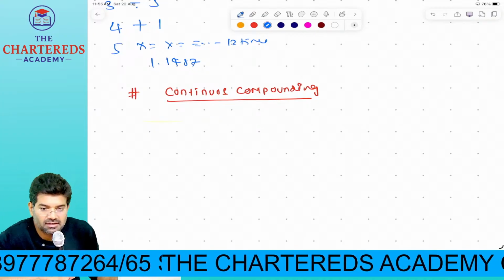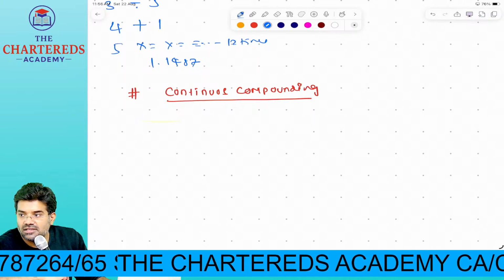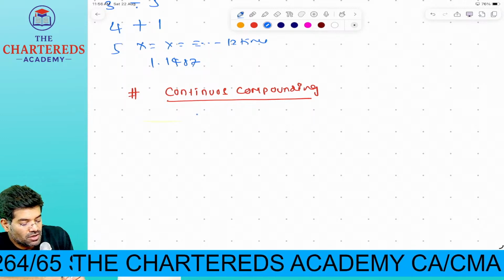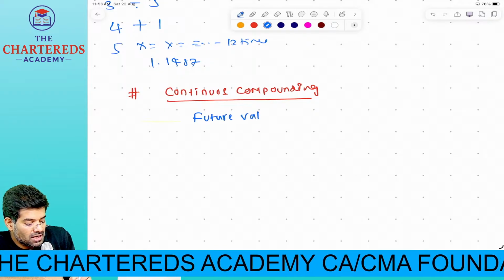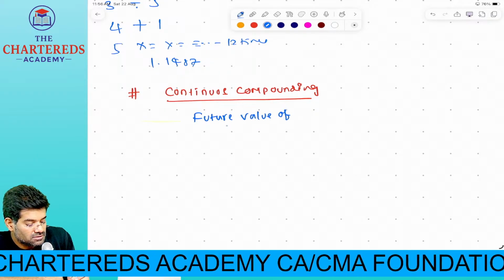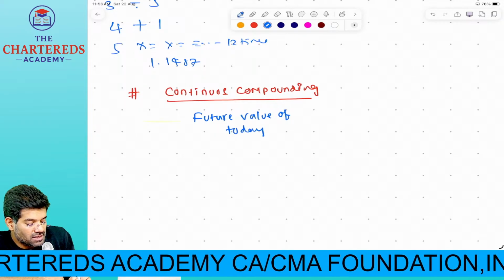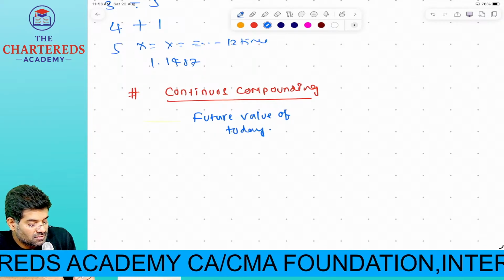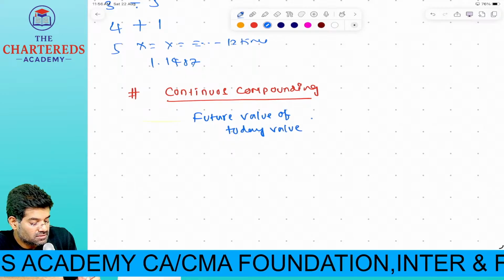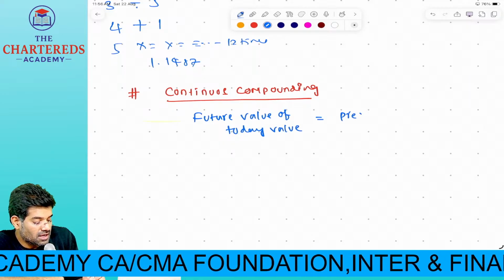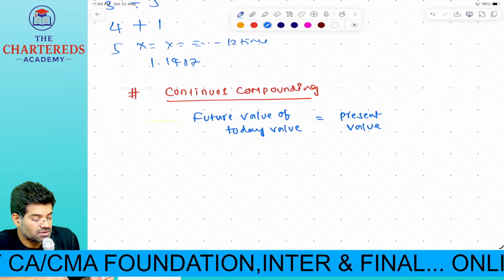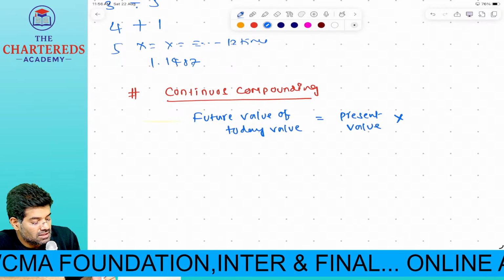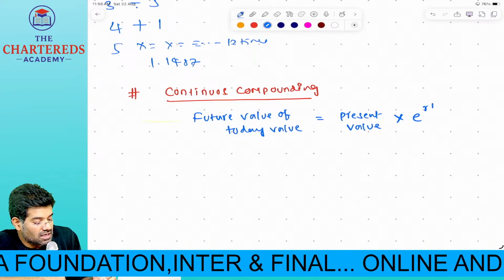For every second, every hour. So in this case, if you want to get future value of today's investment, today's value, this is equal to present value into e power rt.